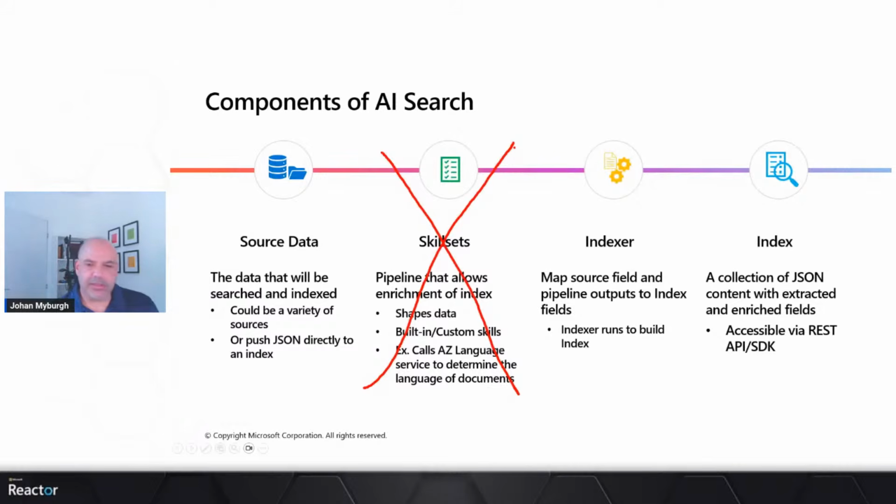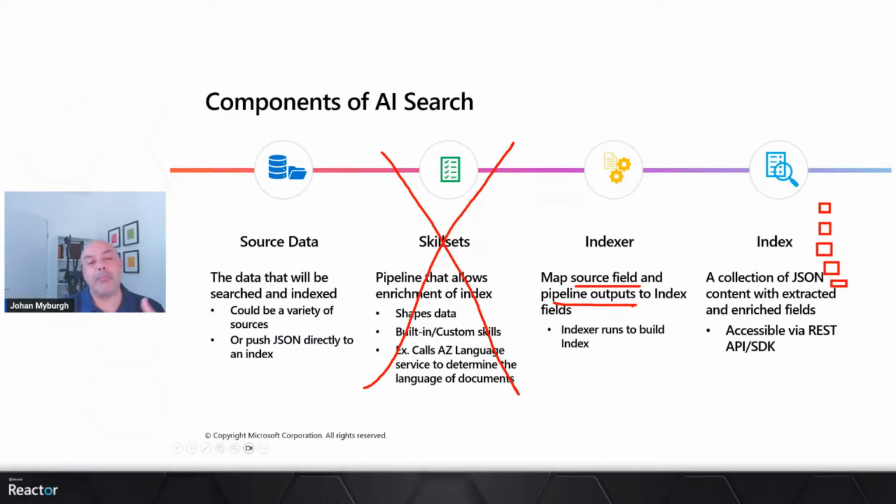The index is essentially a collection of different fields. When we start indexing the data, what the indexer will do is take the source fields and map those, along with pipeline outputs. We'll talk about the pipeline in a minute.